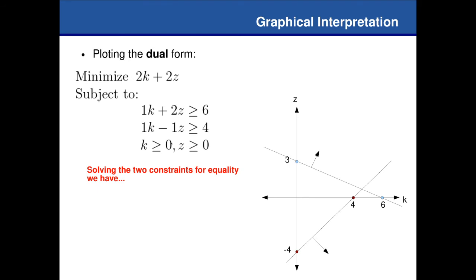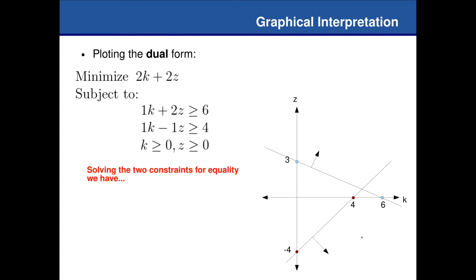So 4 times 1 is 4, and minus 1 times minus 4 would be plus 4. 4 plus 4 would be 8. 8 is greater than or equal to 4. So this side of this constraint has the solution and not this side.